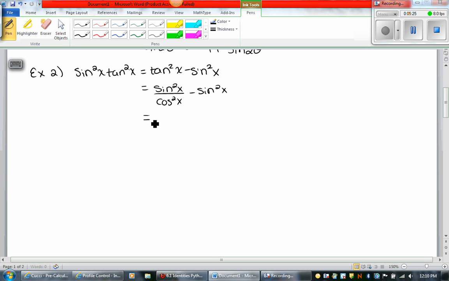But generally speaking, I don't like to have one fraction and one non-fraction, so I'm going to go ahead and find a common denominator here. And the common denominator for that is going to be cosine squared x. Which is going to leave me with sine squared x over cosine squared x minus sine squared x cosine squared x over cosine squared x.